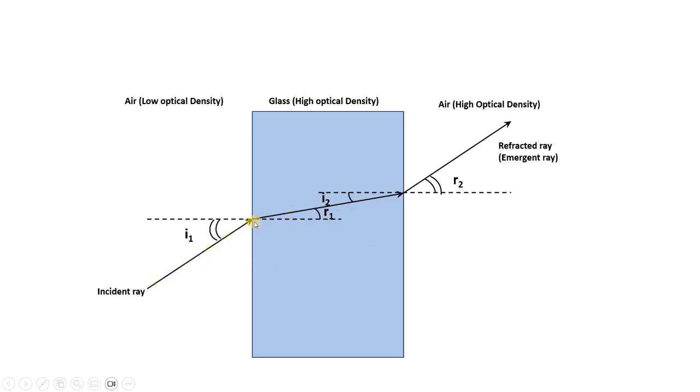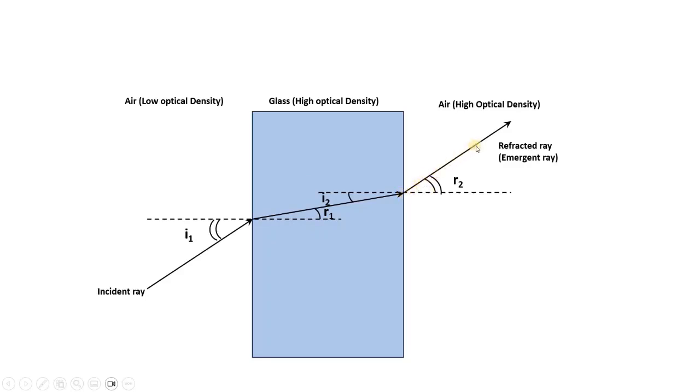So when your incident ray strikes the boundary here, it moves from low to high optical density, it slows down, and then it's refracted or bent towards the normal. Then the light ray continues to move. It strikes the second boundary, but now it moves from high optical density to lower optical density. So it accelerates here and it's bent or refracted away from the normal.